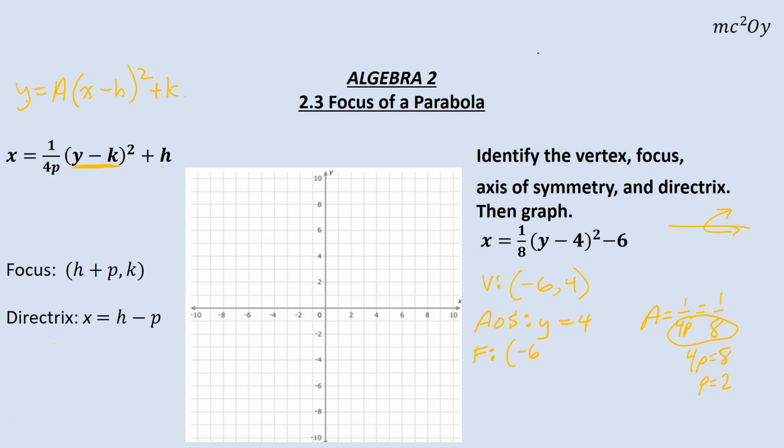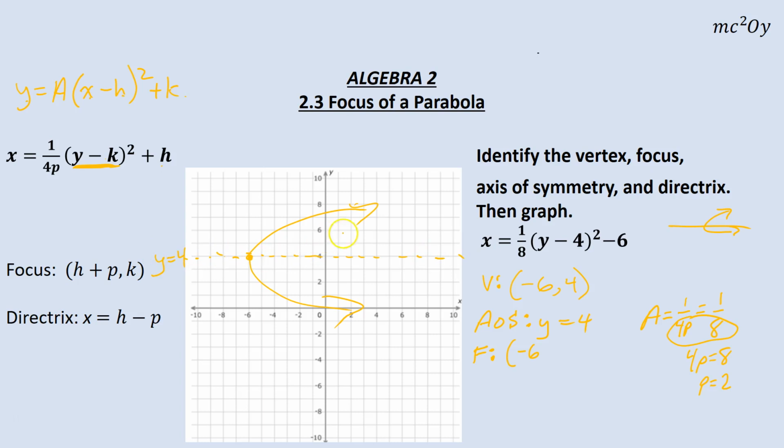Since my vertex, you know what, let me graph these so I can show it here. Let me put on my vertex, so -6, 4. Okay, and my graph is opening this way, and even though this isn't the actual graph, my graph's going to do this. So since this is different, notice I have my axis of symmetry, y equals 4.